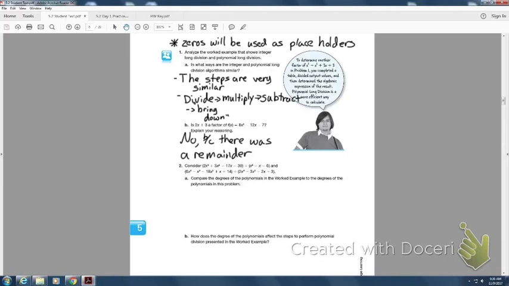Whatever you're dividing into is the dividend, which is this right here. This dividend has a degree of what? 3.